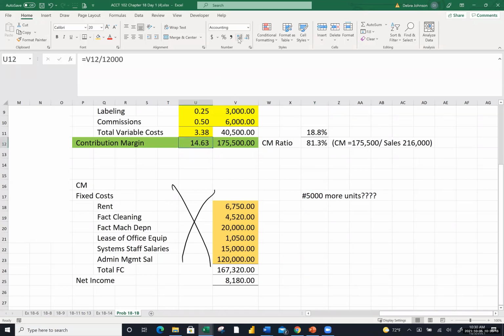And because I don't want rounding issues to affect us too much, I'm going to take it out one more decimal place. If I sold 5,000 more units and I know my fixed costs are covered because this number is above zero, then that means I'm going to bring $14 and almost 63 cents directly to the bottom line. So my net income would go up by whatever that turns out to be.